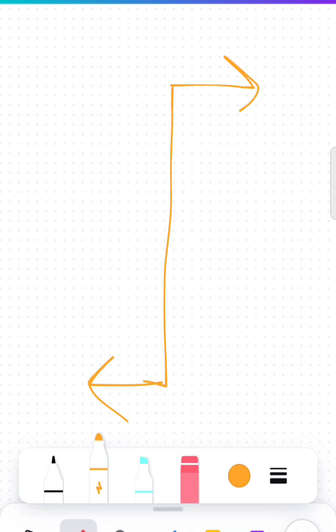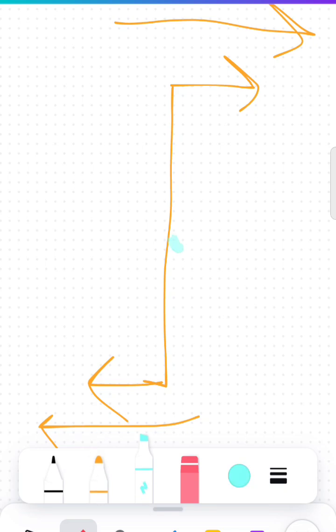So let's suppose this is a wooden plank, and we are applying force from here and from here. One force is acting in downward direction and one force is acting in upward direction, and this is the point where it is pivoted.